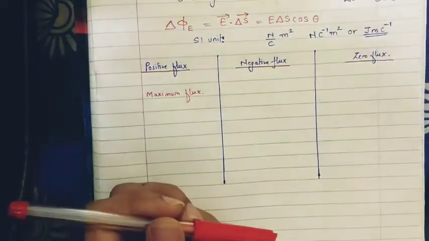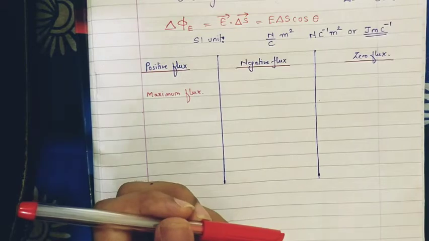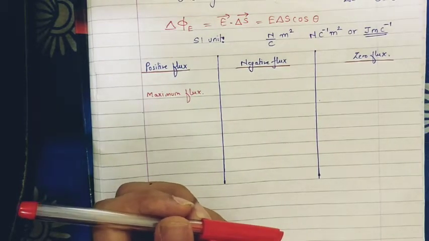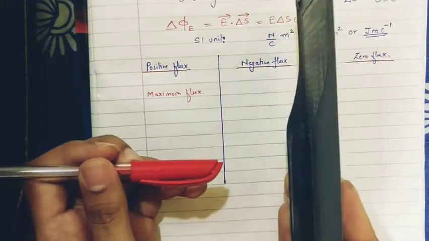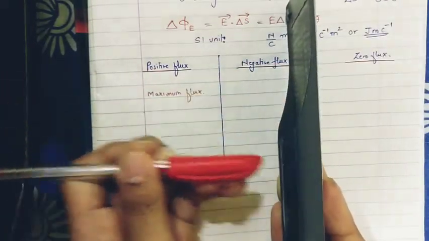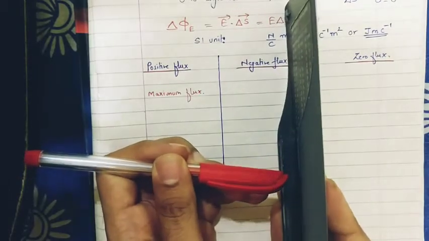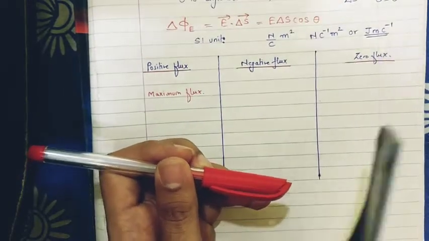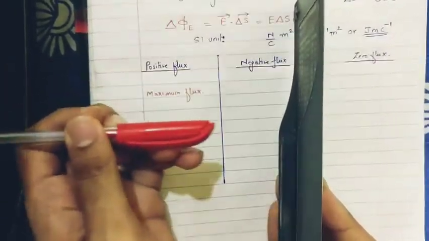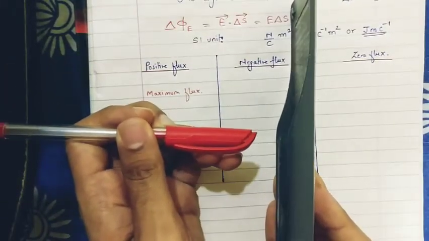Coming back to positive flux, as I told you, for the maximum number of field lines to pass through, the area should be kept perpendicular to the electric field, at 90 degrees like this. So what should be the angle theta here? Angle theta is nothing but the angle between the electric field and the area vector.